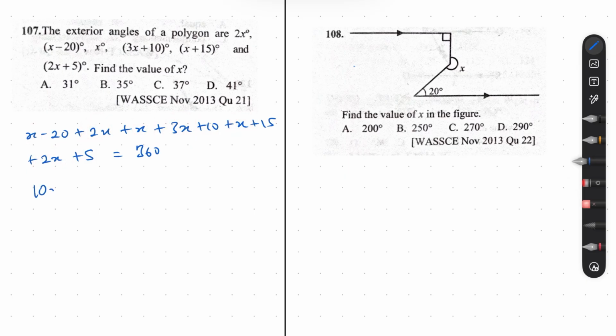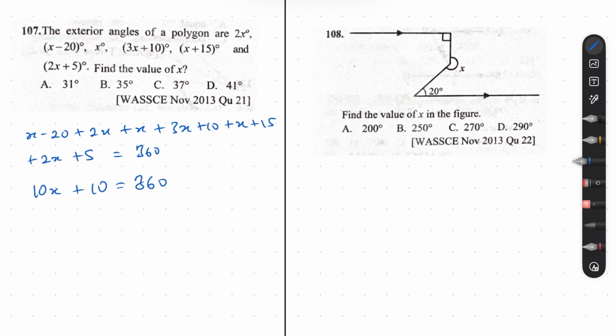10x, then what? You have negative 20 plus 10, that's negative 10, plus 15, that's positive 5, plus 5, that is 10. Okay, 10x plus 10 is equal to 360.